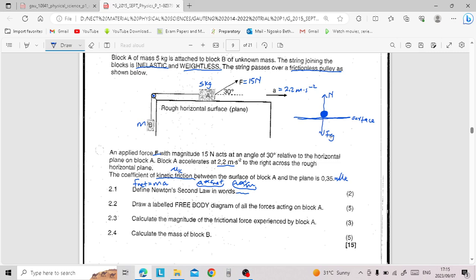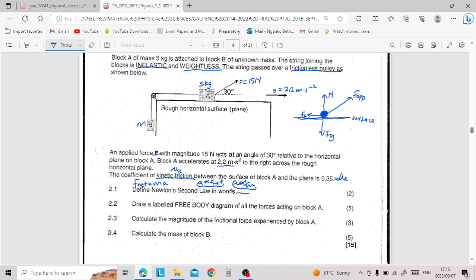Then the force applied at an angle. And then the next one, the frictional force.